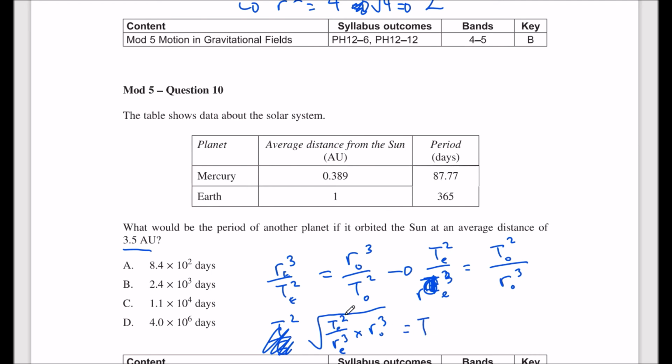So, I guess it's better to show you the numbers. Time is 365 days divided by the radius, which is 1 cubed, times the astronomical units of 3.5 cubed. Let's see how long it takes this planet to orbit around our sun in terms of days.